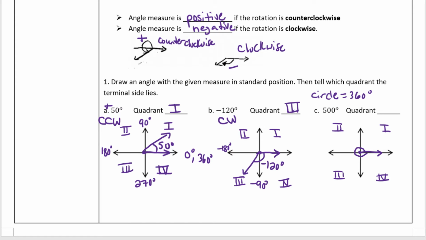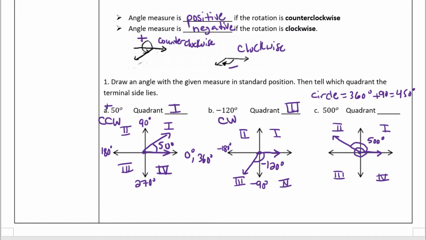One full circle is 360. If we do another 90, that would be 450 degrees, right? So 360 plus 90 is 450, and we have to go a little bit past that. So we did 90 degrees, and then a little bit more, about 50 degrees, and that's where we're at. So we're over here, and this is 500 degrees.